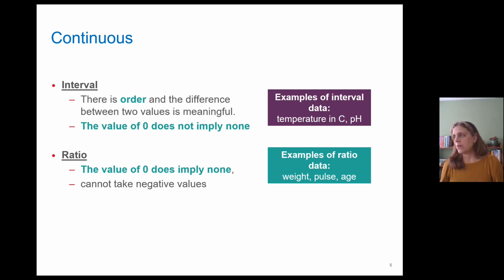But you know, things like weight and height are also considered to be ratio data. The other characteristic of ratio data is that it cannot take negative values. So you can't have a negative weight or a negative height or a negative age.